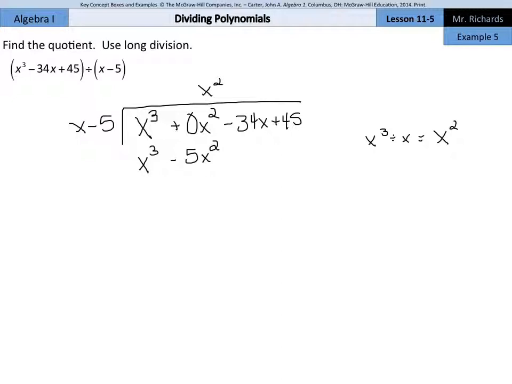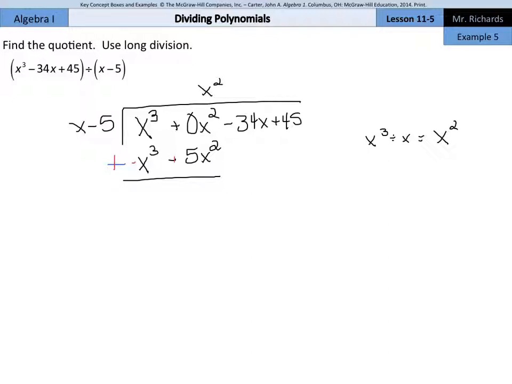And if you didn't see why it was important before, hopefully you see why it's important now, why we added in this 0x squared. So as we bring down this negative 5x squared, we have something to subtract it with. And so, speaking of subtraction, we'll subtract this, and once more, I'm just going to add the opposites.